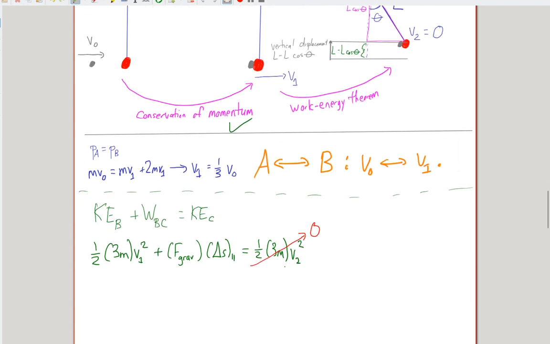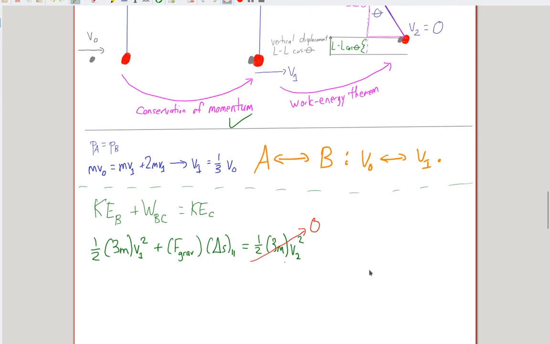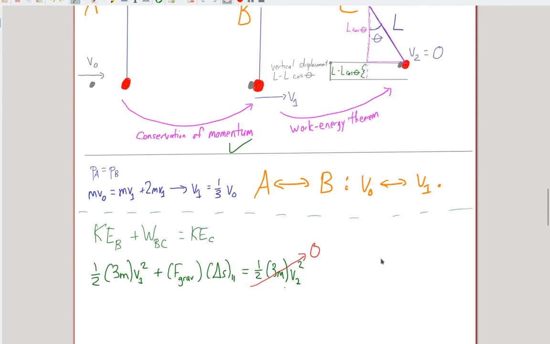Now, here is where we use the thing we did before. Remember, we figured out, I'm going to draw this in yellow so it doesn't get in the way, depending on your screen you may have to look carefully, that the displacement parallel to the force of gravity, the one that counts for work, is L minus L cosine theta.